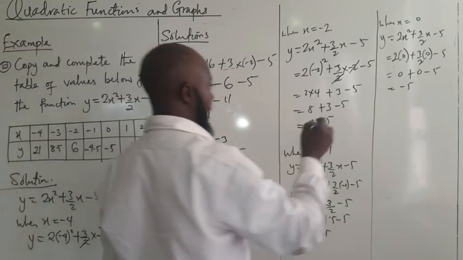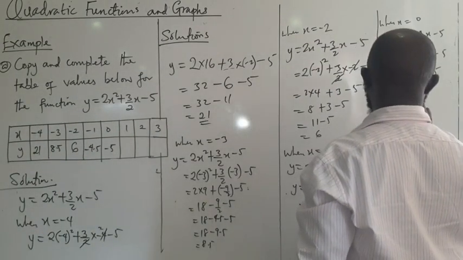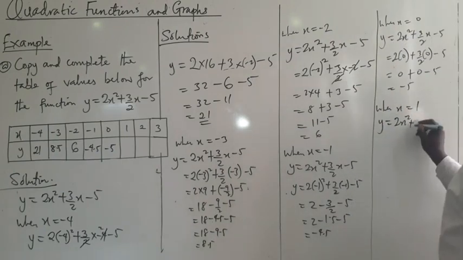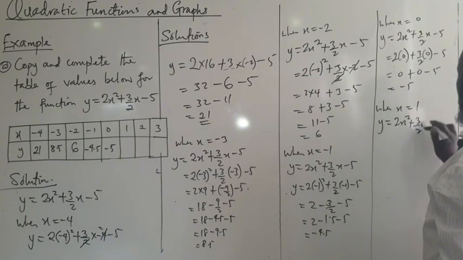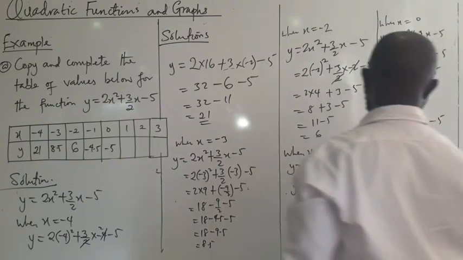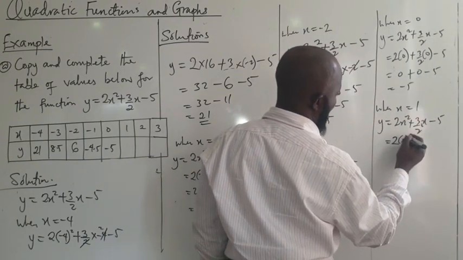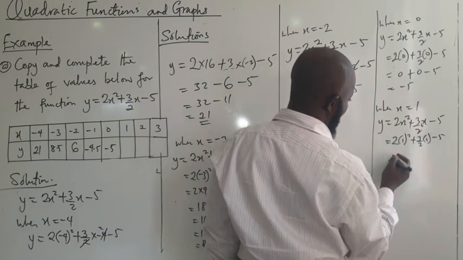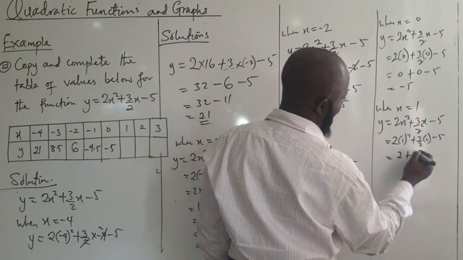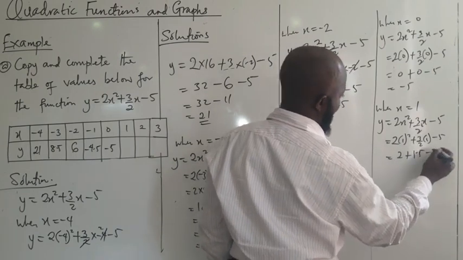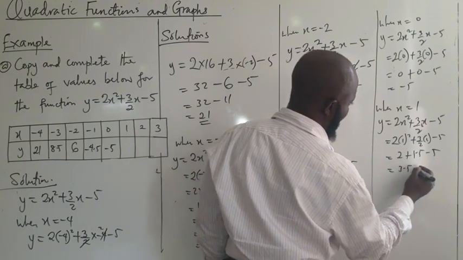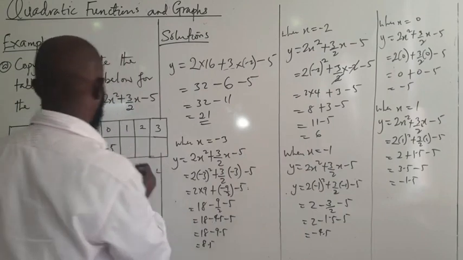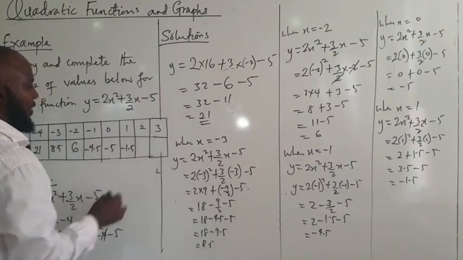So when x is 1, y equals 2x squared plus 3 over 2x minus 5. So we put 2 into 1 squared plus 3 over 2 into 1, minus 5. So this will give us 2 plus 1.5 minus 5. So this is 3.5 minus 5, and this gives us minus 1.5.